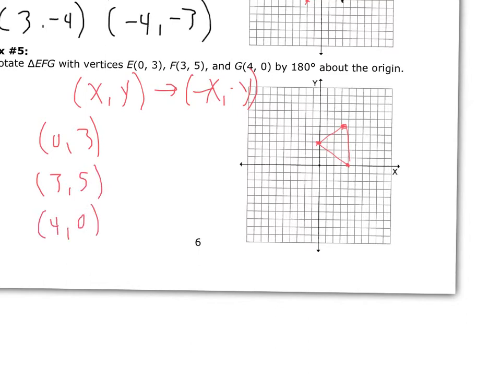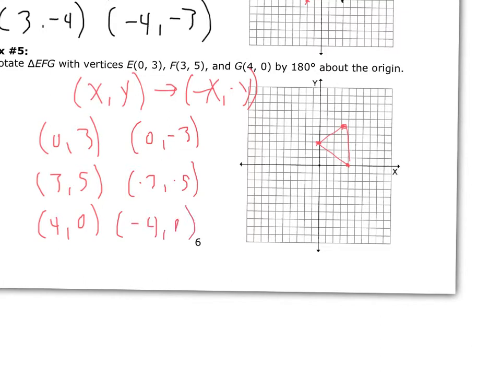So all we're going to do is change our signs for each one of them. So 0, 3 becomes 0, -3. 3, 5 becomes -3, -5. And 4, 0 becomes -4, 0.